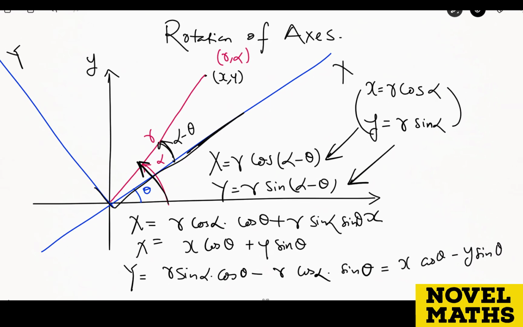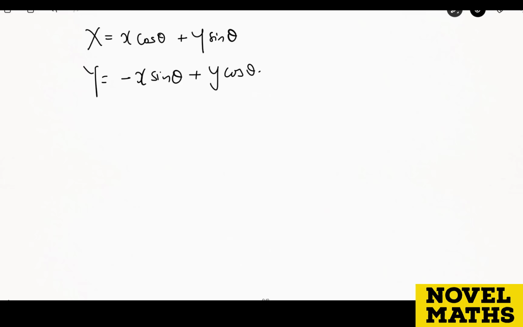So r sin alpha is Y, and r cos alpha is X. So we have another relation. If we write it very neatly, this becomes x equals X cos theta plus Y sin theta, and y is negative of X sin theta plus Y cos theta.